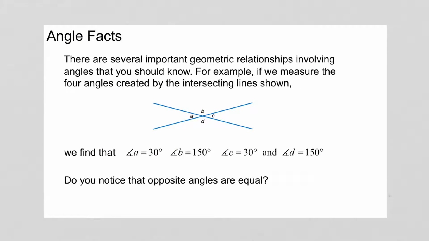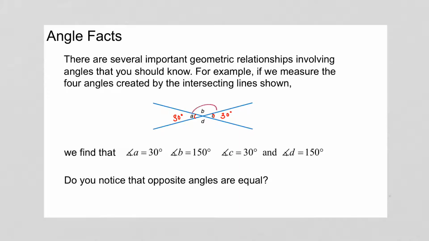Some angle facts. Here, in this particular picture, angle A is 30 degrees, and angle B is 150. C is 30, and D is 150. Can you tell then if A is 30 and C is 30, they have equal measures.